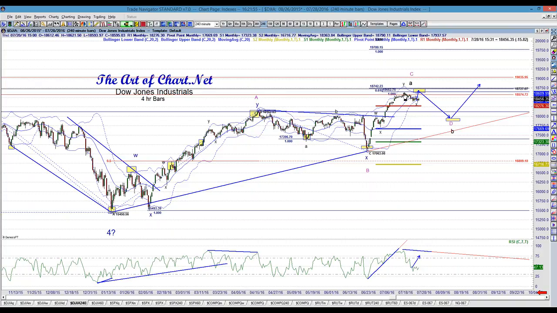So we're not making 400 new 52-week highs. As a matter of fact, I think over 25% of the market right now, or 23% of the market right now, is 20% or more from its 52-week high, okay? So in a market that's making all-time highs, that's not a very positive sign. That's not a bullish indicator, okay?